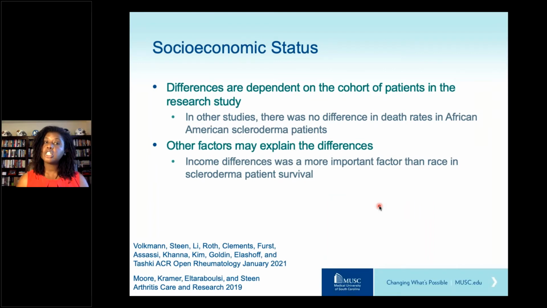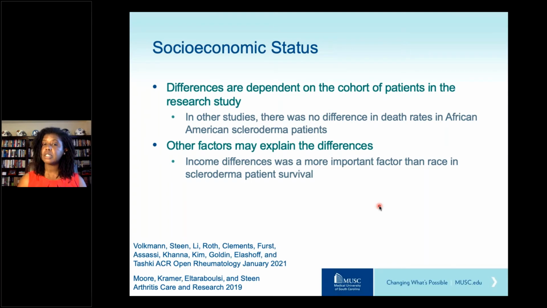So one of those things could be socioeconomic status. And so the differences that we noted in our patients are by and large related on separate cohorts of patients throughout the country and in individual academic medical centers. So there's lots of studies, as we've talked about this entire talk, to show that survival rates are lower in African American patients.